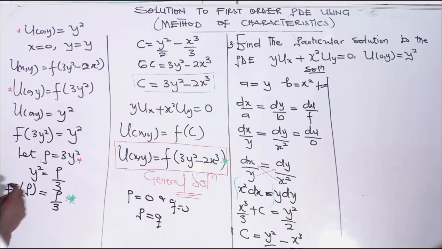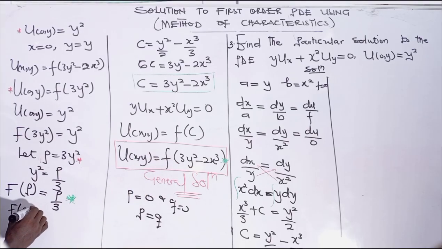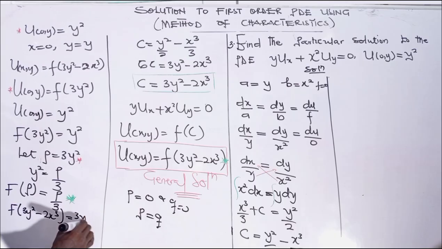So if that happens, then we are going to have f of 3y squared minus 2x cubed is equal to, now p is still the same thing, so we have 3y squared minus 2x cubed all over 3.